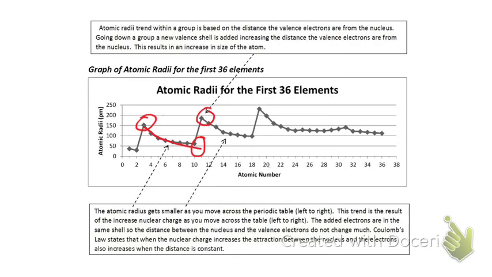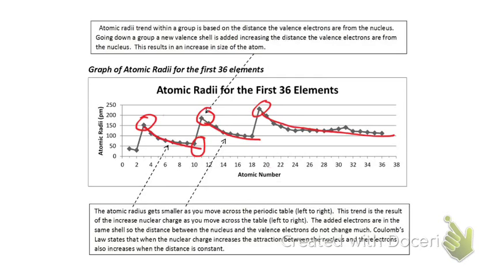Here's period 3, and as we go across period 3, the radius is getting smaller. As we go across period 4, in general, the radius is getting smaller as we're moving across periods. Why is this the case? Well, let's take a look at this in terms of Coulomb's law and effective nuclear charge. If you look at your periodic table, you will notice that the atomic number increases going from left to right.